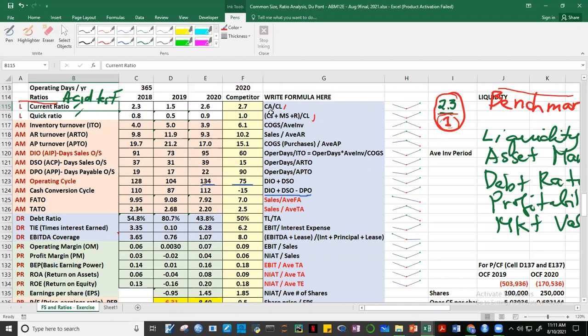Some current assets like inventory and prepayment might take longer to convert into cash. That's why we're using the more rigid, more strict measure, which is the quick ratio or the acid test ratio, where we only use cash, marketable securities, and receivables to measure the firm's capability to pay its current obligations.